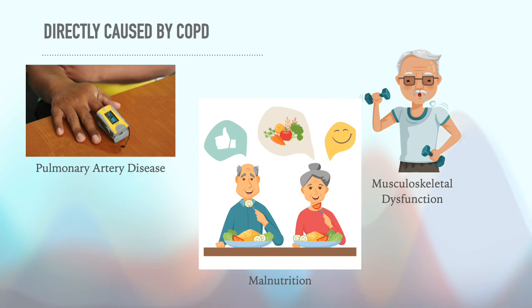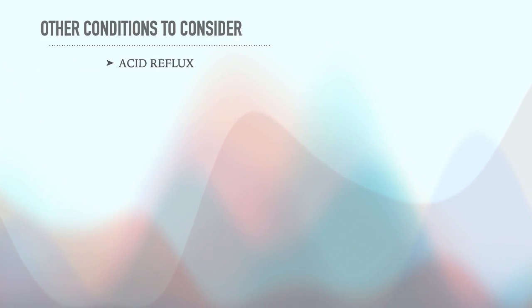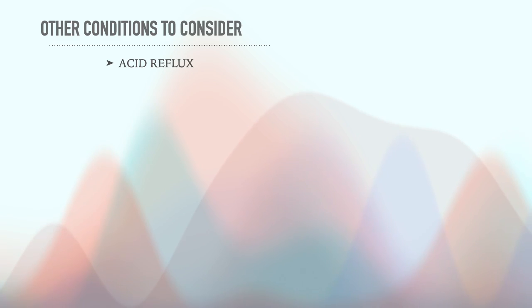All right, so next up, we have something that is often not always associated with your lungs, but it actually should be. So this other condition that I'm first going to talk about is something called gastroesophageal reflux disease, also known as GERD. And it's one of the most common gastrointestinal conditions in the general population.